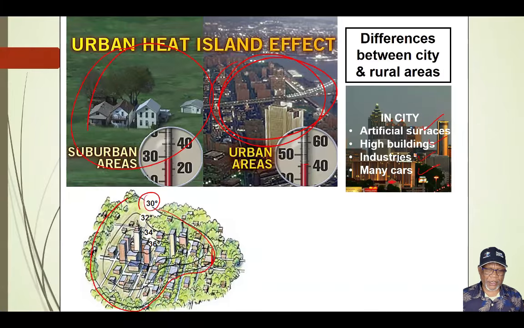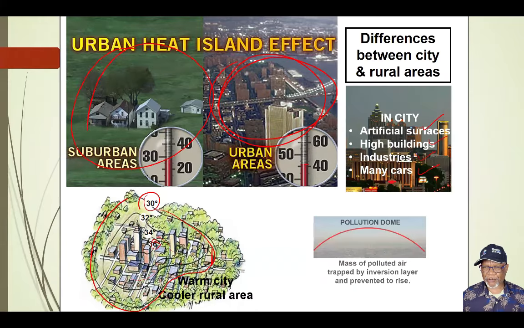But when you go to the center here, the temperatures are around 36 degrees. Why? You can start looking at the artificial surfaces. You can think that these are tall buildings that are absorbing more heat. There will also be more activities and more vehicles. So this is the reason why urban areas will be warmer than rural areas.